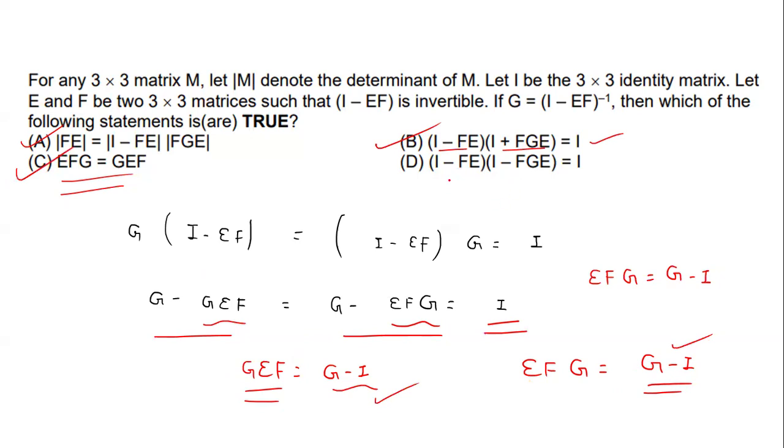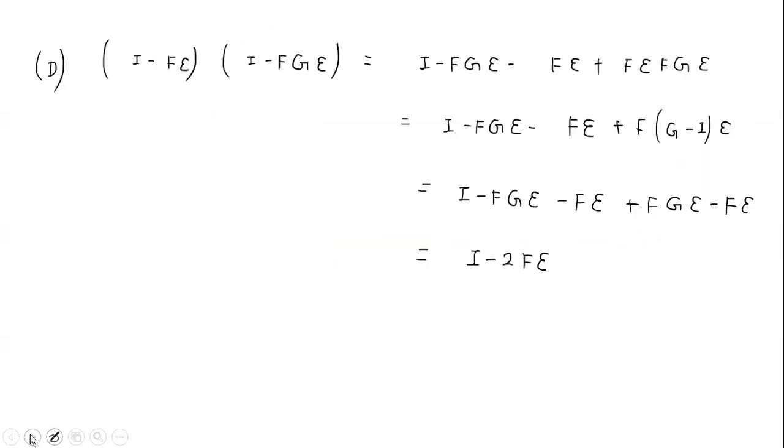Now the last option is whether this I minus FE product I minus FGE is equal to the identity matrix or not. If you see here, we have a product of this and this. If you multiply I inside, we have these two terms, I and minus FE.